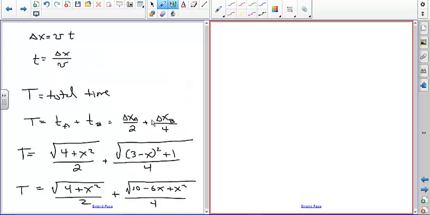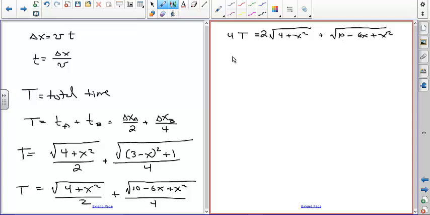I guess one thing you could do is just multiply everything by 4. 4t is equal to 2 times the square root of 4 plus x squared plus the square root of 10 minus 6x plus x squared. The advantage there is you don't have to deal with fractions at all. So if I minimize 4t, I'm going to minimize t.